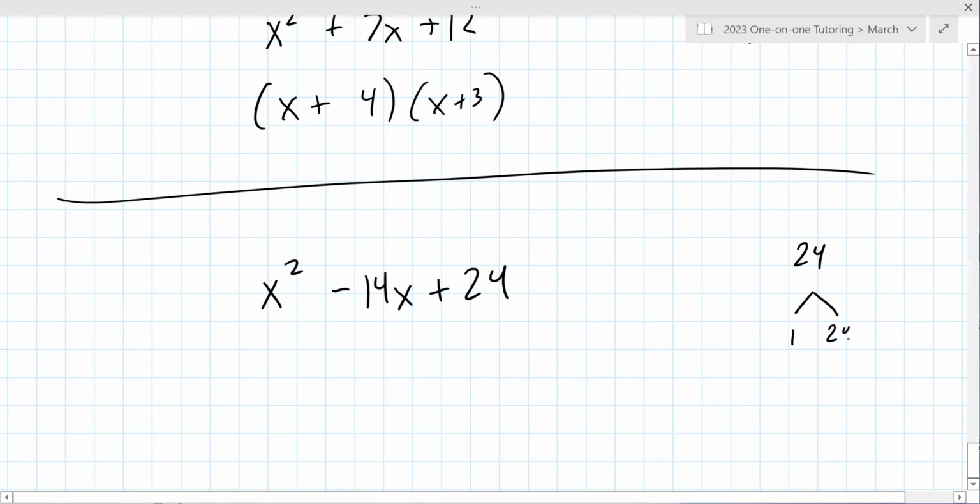So I can give you the answer, but there's an intuitive way to think about it. 1 times 24 is 24, but these are both positive, and that definitely won't work. But if you make them both negative, does it still multiply to 24? Yes, but does it now add up to a negative number?